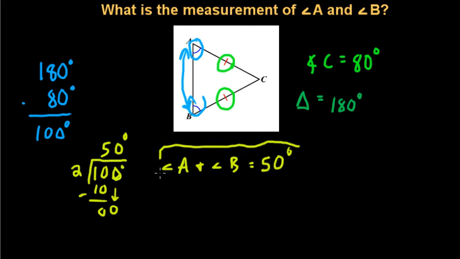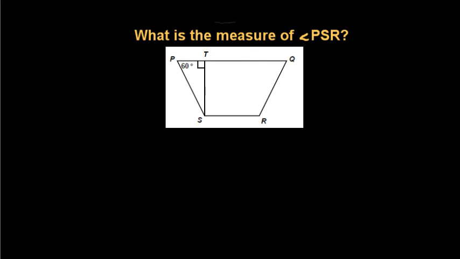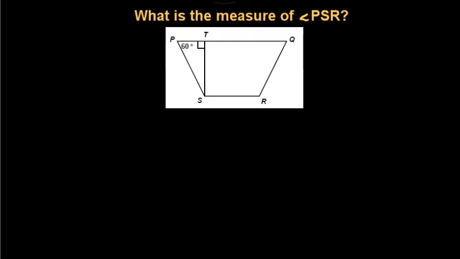Alright. Cool. Last problem. What is the measure of angle PSR? Okay, so I've got a quadrilateral, and I also have a triangle. I don't know if y'all notice a triangle.